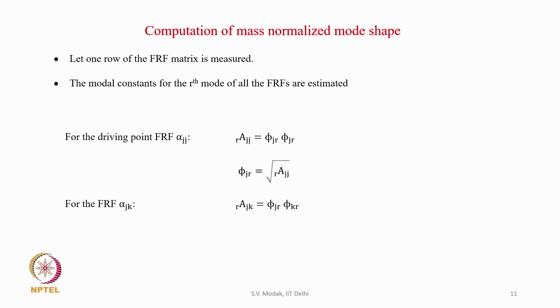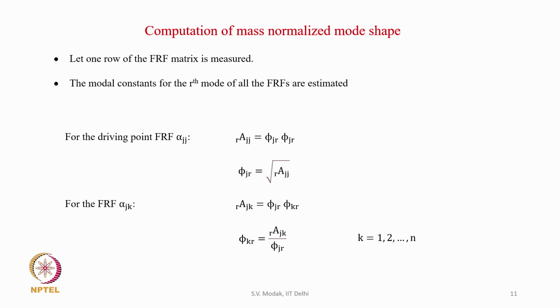In this expression phi_jr has already been determined. Therefore, phi_kr can be written as R_jk divided by phi_jr. Now we can determine phi_kr for various values of k from 1 to n. So, that gives all the elements of the rth mode shape, correct.